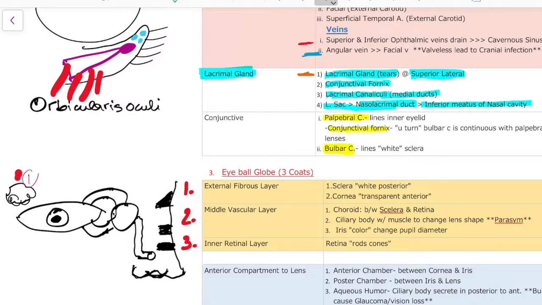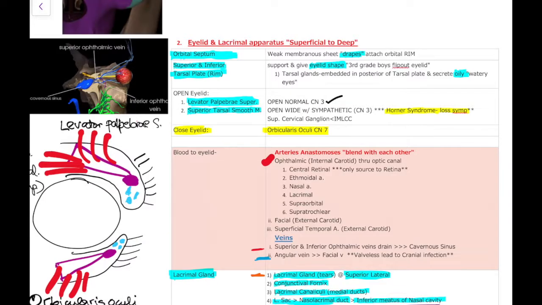It will then get inside by the conjunctival fornix, go across the eye into the lacrimal canaliculi, into the lacrimal sac, through the nasolacrimal duct, and we'll get into the inferior meatus of the nasal cavity, which is right under the inferior nasal concha.